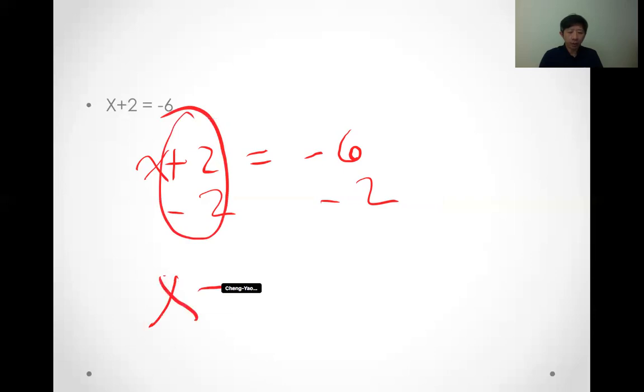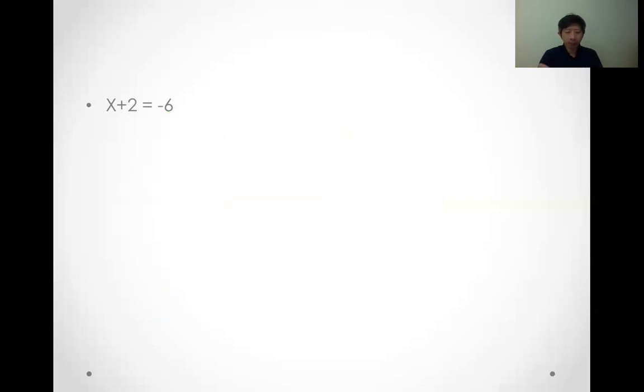So X is equal to negative 6 minus 2, which is negative 8, right? Negative 8. All right, that is how we apply the property to solve the problem, okay?